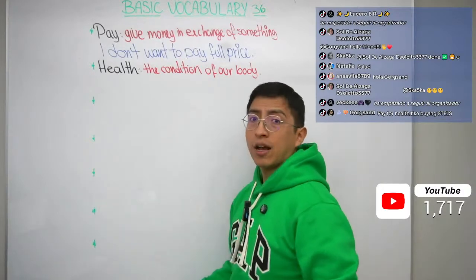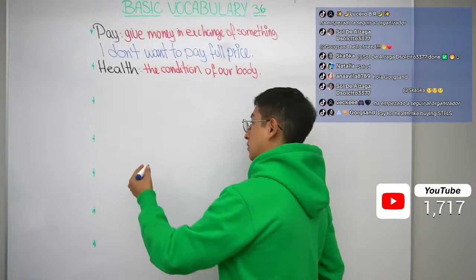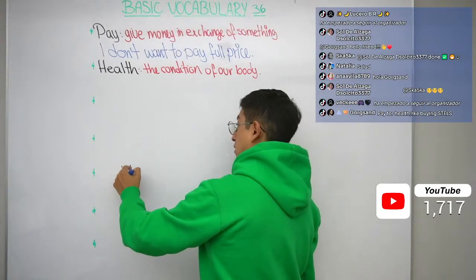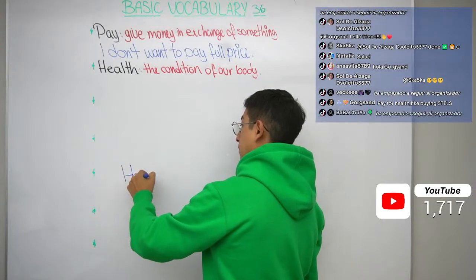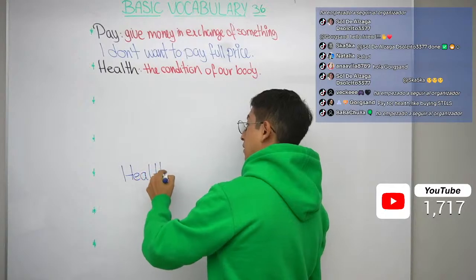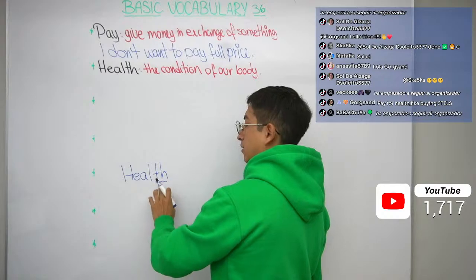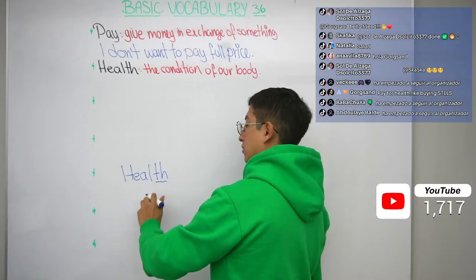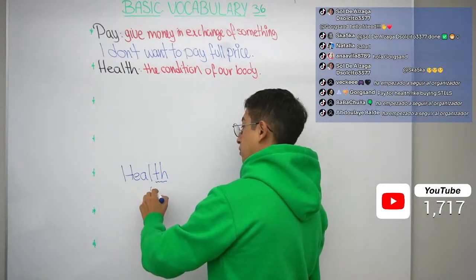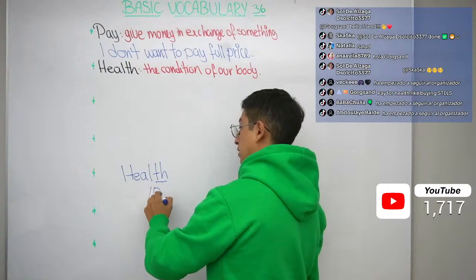Now, one thing that you have to remember about this word is the pronunciation of it. Okay, health. Here we have th. So in English we have two possibilities when we see a th.